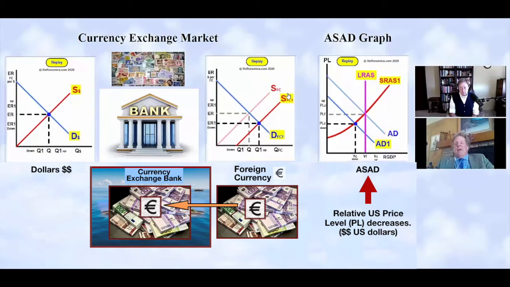Europe will want to buy more U.S. goods because our price level now is lower than their price level. And so they will supply euros to this currency exchange market because those euros are going to buy up what? Dollars, so they can buy up those cheaper goods in America now.